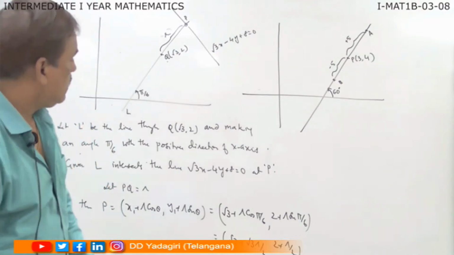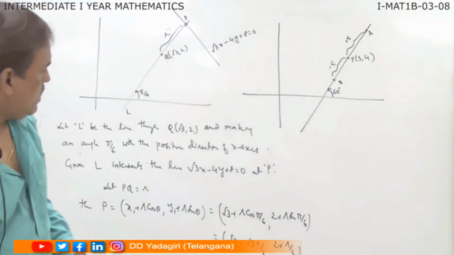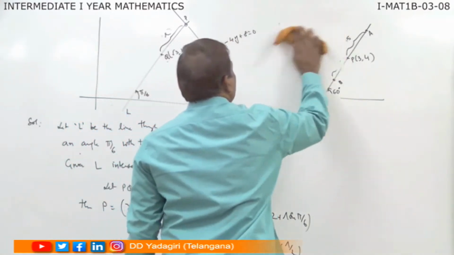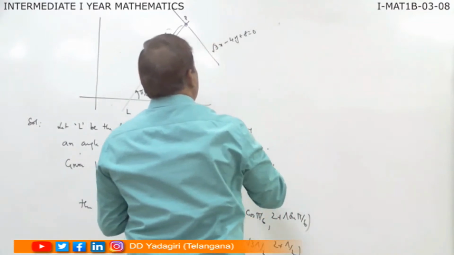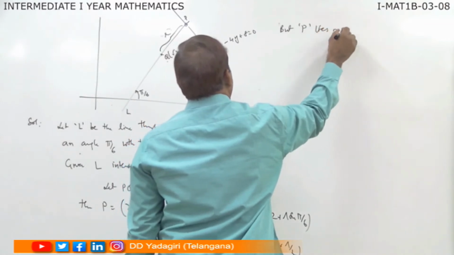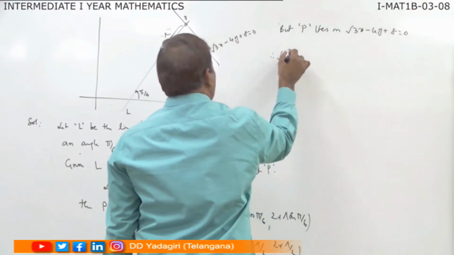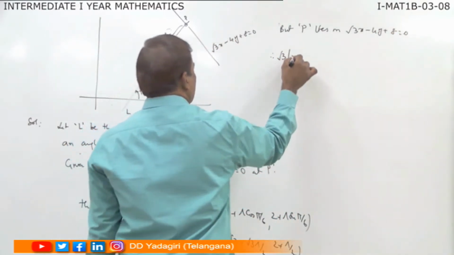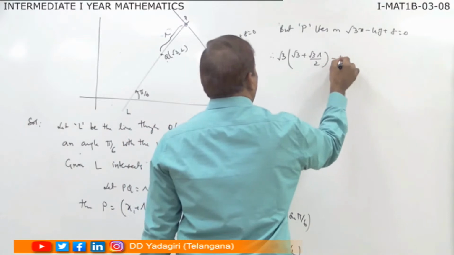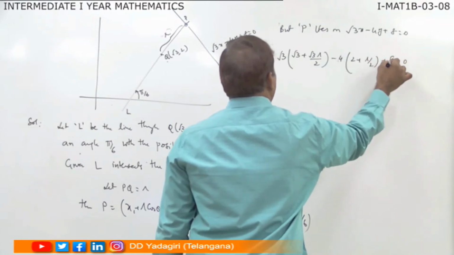Okay. This point P lies on this line √3x minus 4y plus 8 is equal to 0. So √3 into x, which is √3 plus √3 R by 2, plus minus 4 into y, which is 2 plus R by 2, plus 8 is equal to 0.